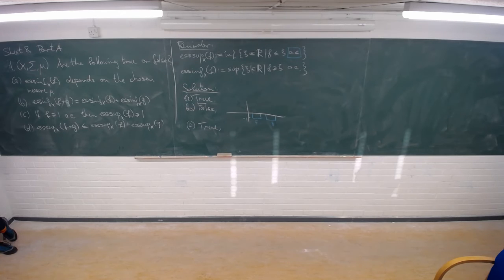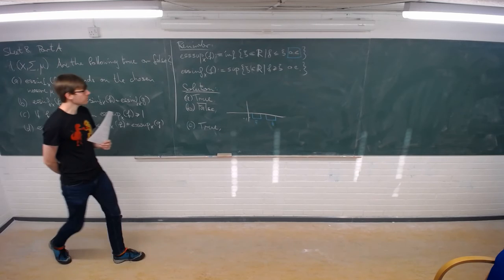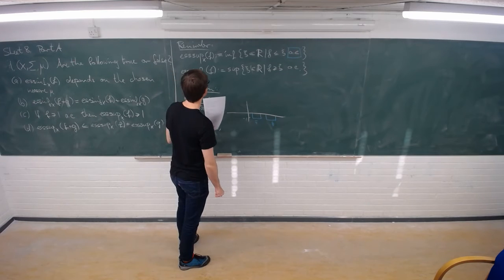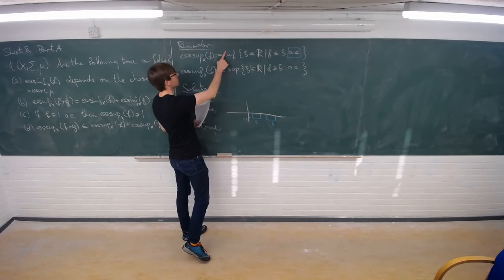Suppose f is less than 1 on a set, and so the c in the definition of essential supremum has to be at least 1. Yeah, that goes in the right direction.